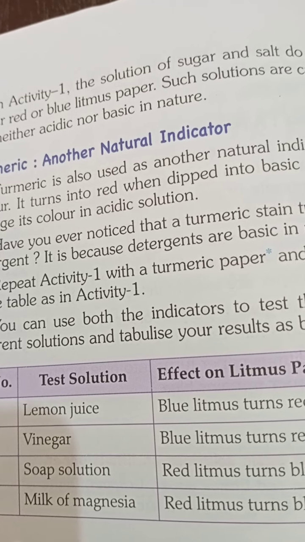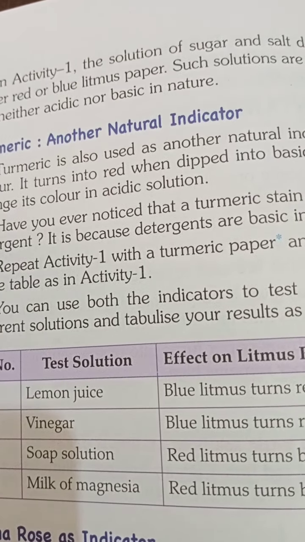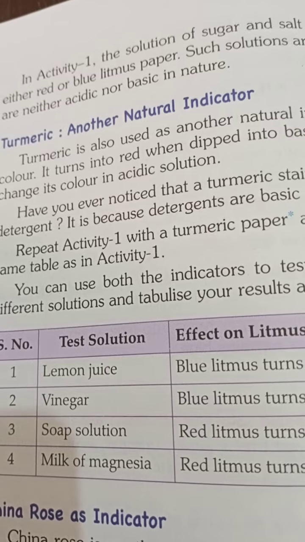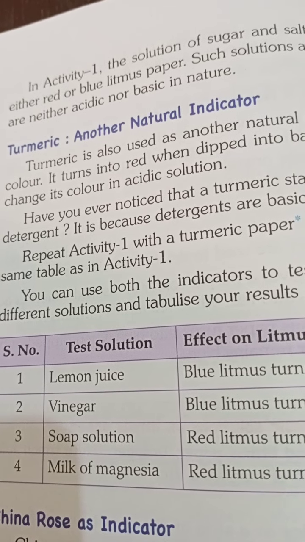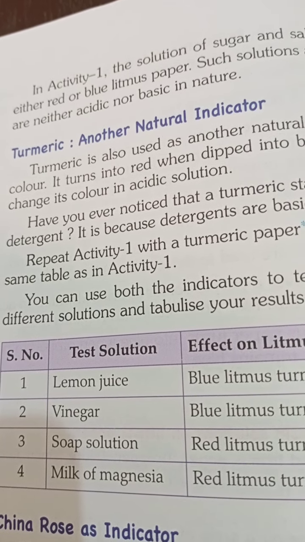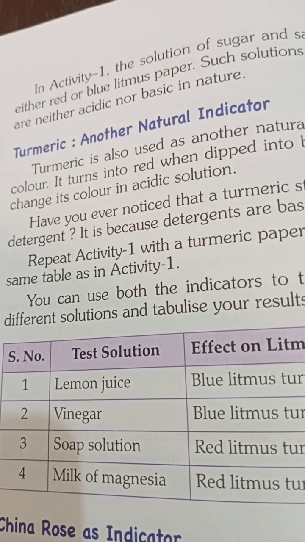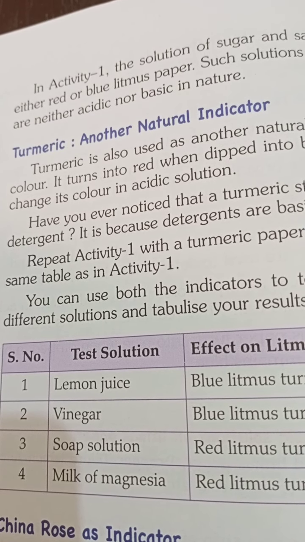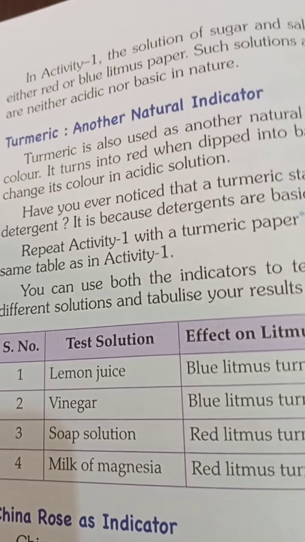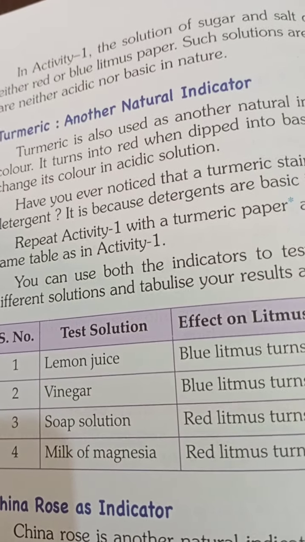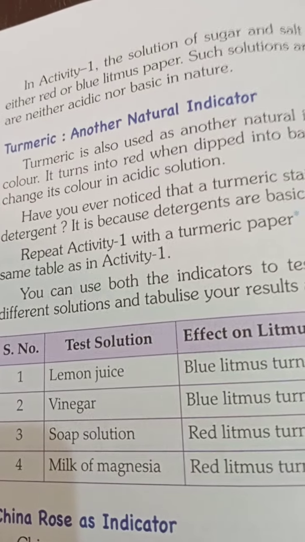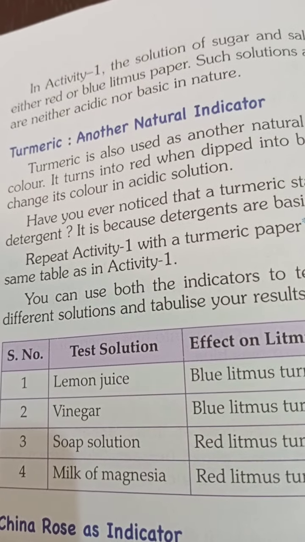We can easily make a solution of China rose. We should collect some China rose petals, keep them in a beaker and add some warm water into the beaker. After some time the water becomes colored. Now we use that solution as an indicator to test the acidic and basic nature of different substances.